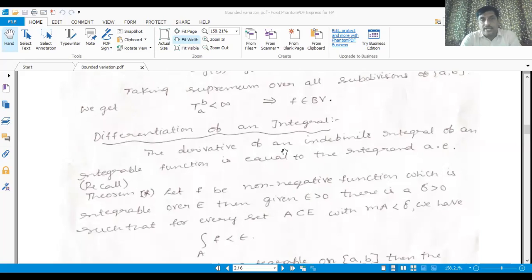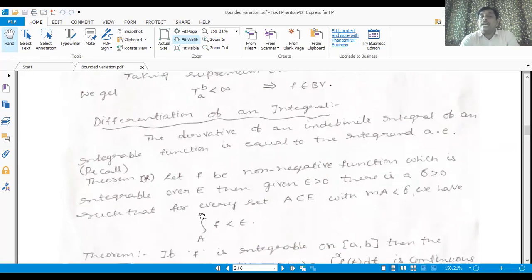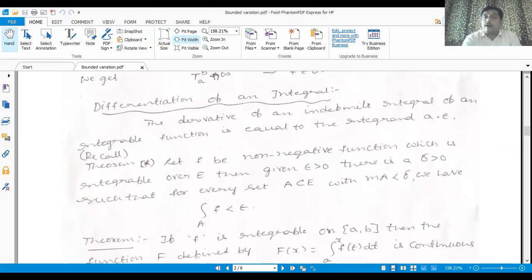Here, the derivative of an indefinite integral of an integrable function is equal to the integrand almost everywhere. This we recall. And also the theorem we already proved, the continuity property of an integral, is needed for proving one more important theorem related to integrable functions.